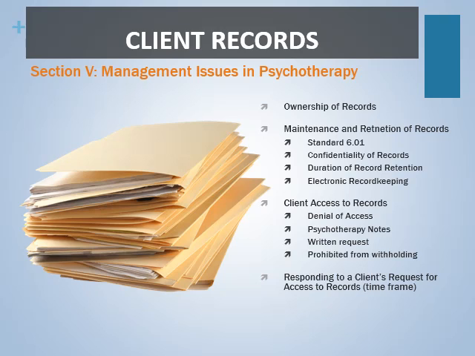Let's start with the first question: who owns the record? Actually, your client owns the record, so that's important. You own the physical file, but you're more of the custodian. What else?